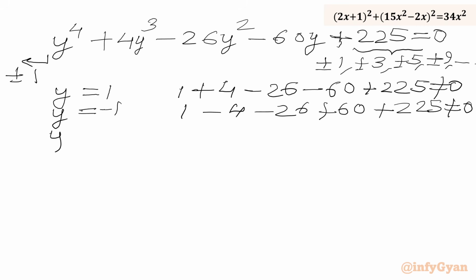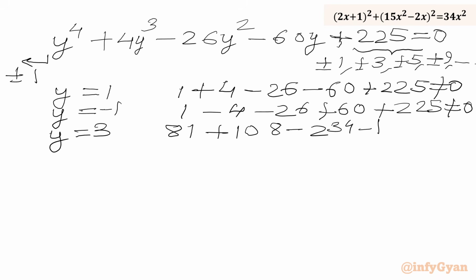Now the next number is y equal to 3. So we'll check our equation at y equal to 3. 3⁴ is 81, plus 4 times 27, which is 108, minus 26 times 3², whose value will be −234.